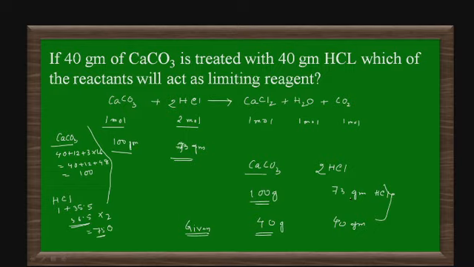Now how to calculate the limiting reagent? First we will write: 100 gram calcium carbonate reacts with 73 gram HCl.